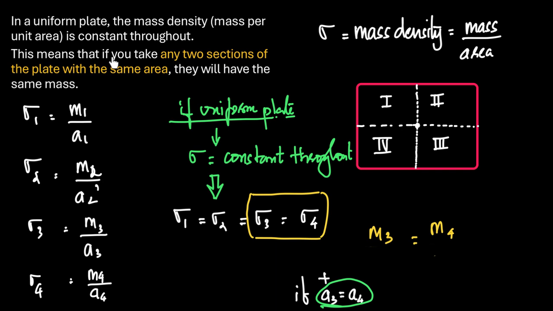Therefore, if you take any two sections of the plate with the same area, a3 equal to a4, they will have the same mass, m3 equal to m4, when the mass density sigma is constant throughout. Okay, so that is the significance of this word uniform plate.